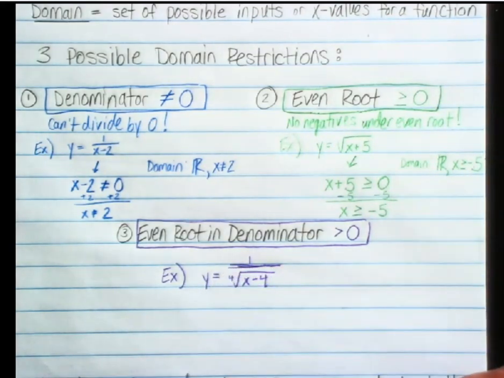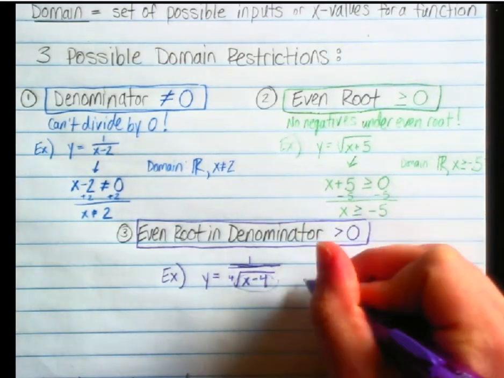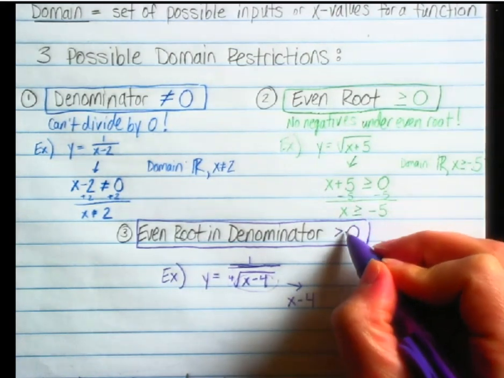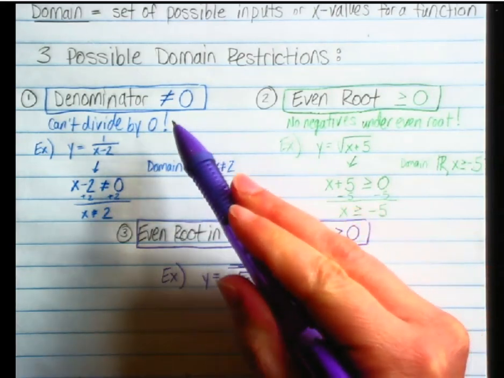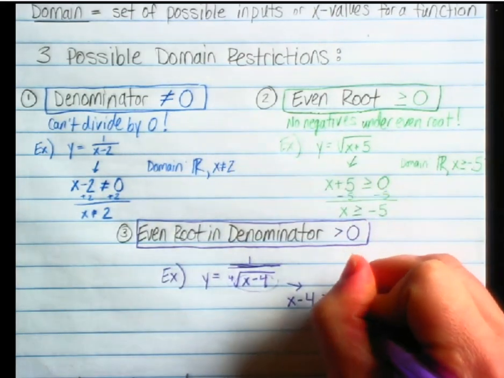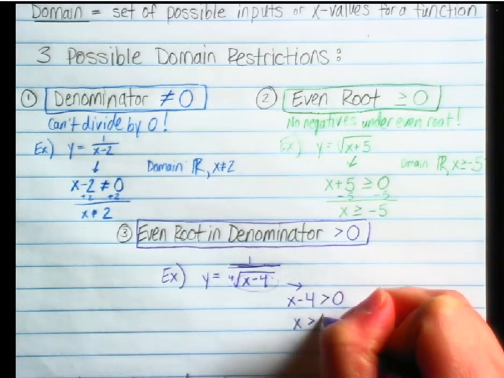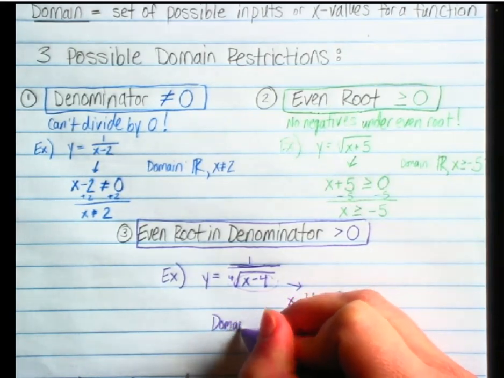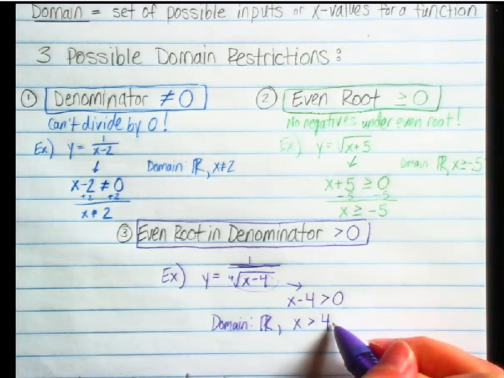Whenever that happens, you're going to take what's underneath the even root, x minus 4, and set it just greater than 0. Not equal, because it's also in the denominator, so it can't equal 0. So it'll be just greater than 0, and we'll solve that. That would be my domain. So my domain would be all real numbers, x has to be greater than 4.